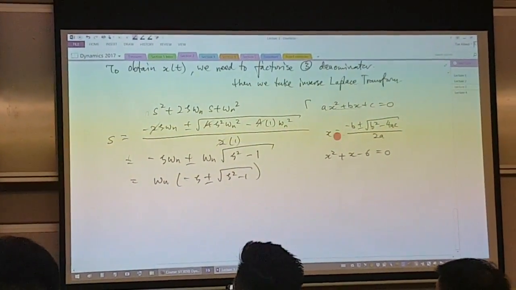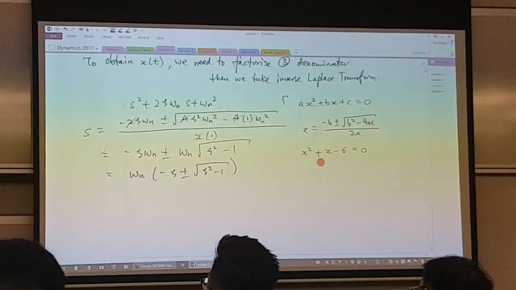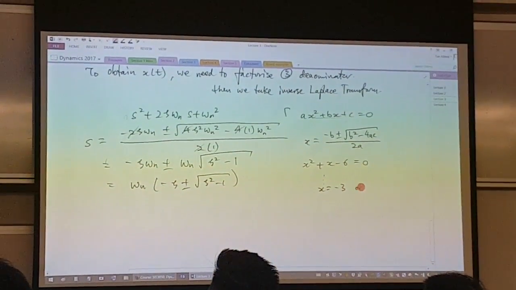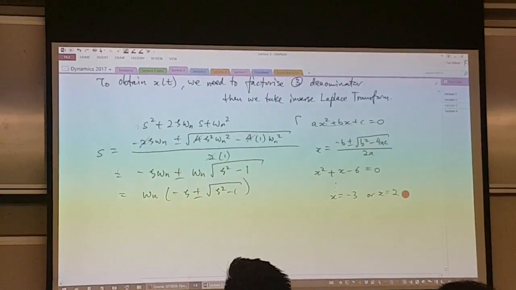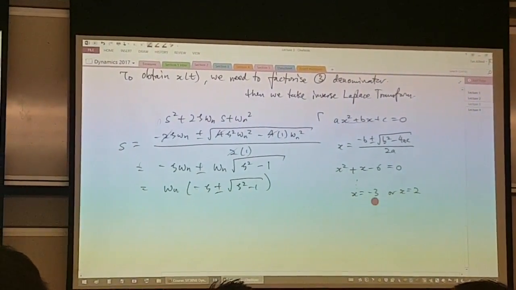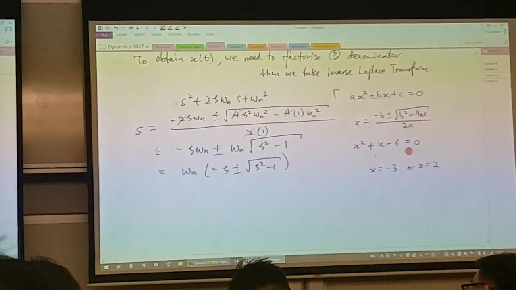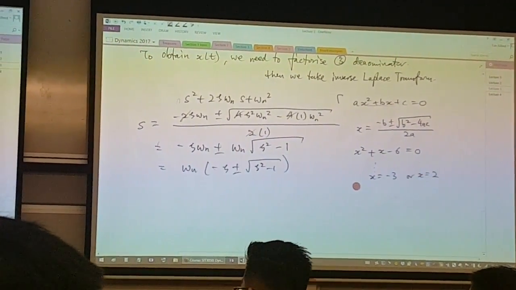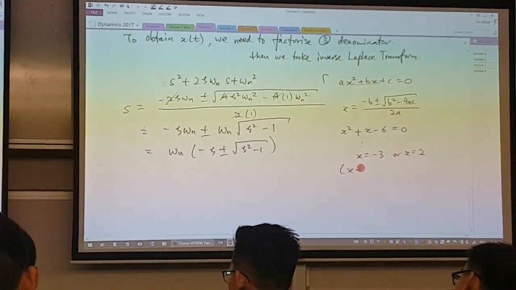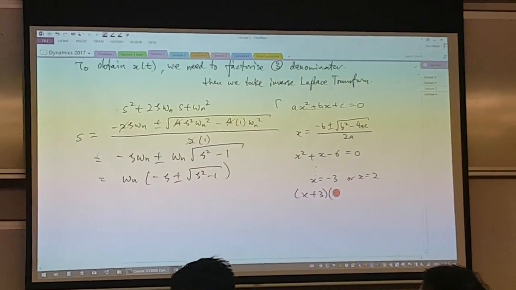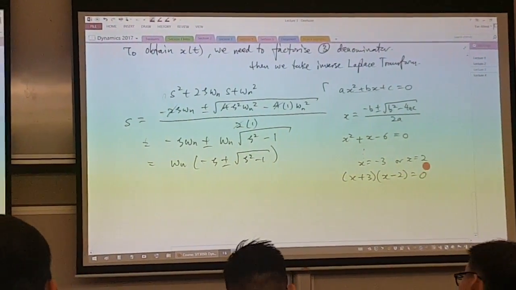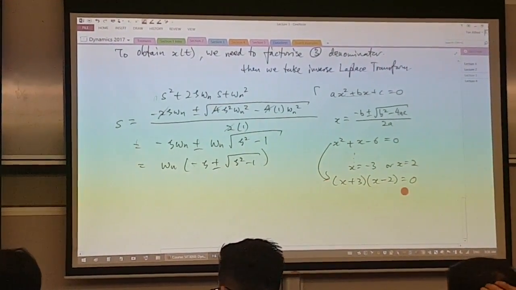If you use the quadratic formula, you'll find that x will be equal to minus 3 or x is equal to 2, right? After you factorize it. In order for you to express it in an equation, you take x instead of minus 3 it is plus 3, and then x instead of plus 2 is minus 2 equal to 0. So that's how you factorize it.